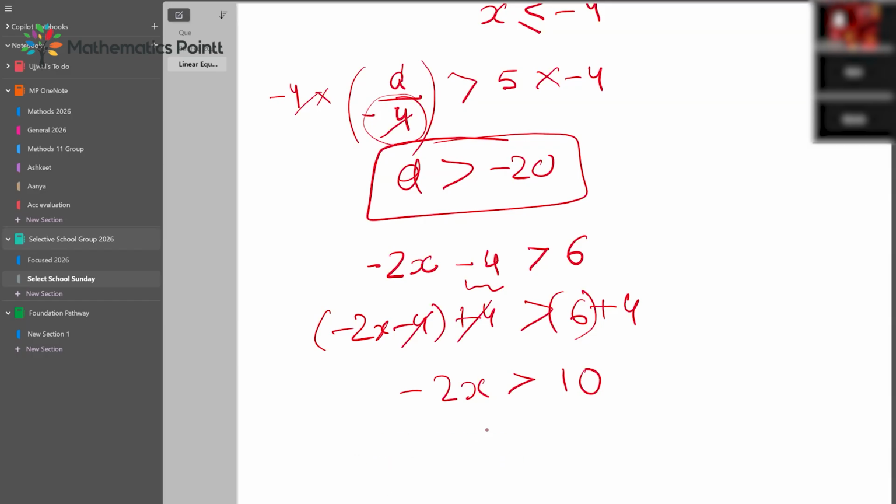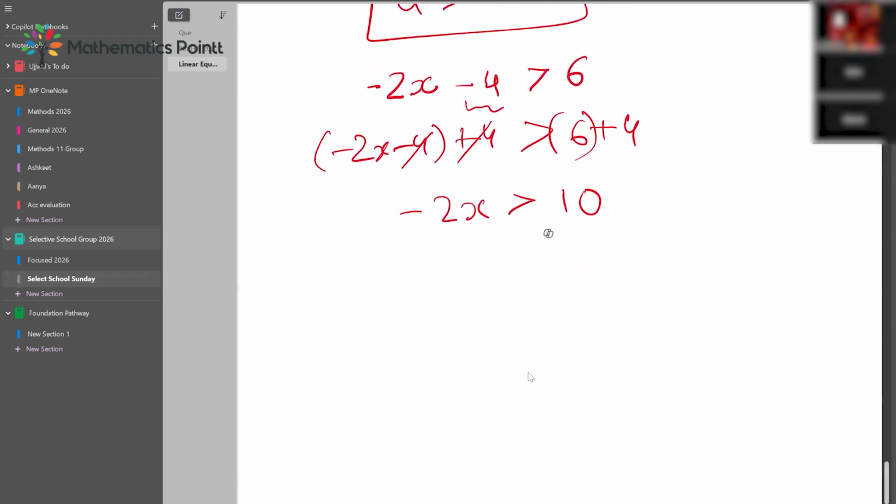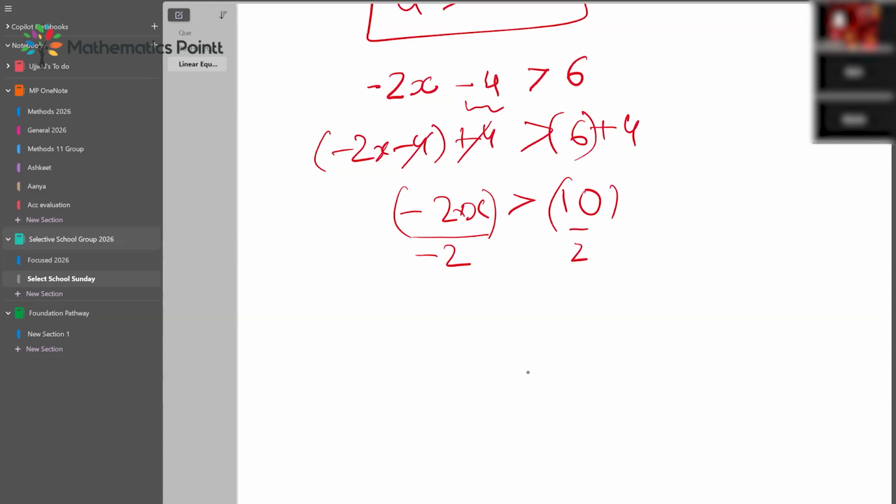Now, what number do I need to get rid of? Quick. All of you, quick. Negative 2. And what this negative 2 is doing to the x, it is multiplying x this time. Now my exception rule kicks in. When I divide with negative 2 on both the sides, I will flip the sign.